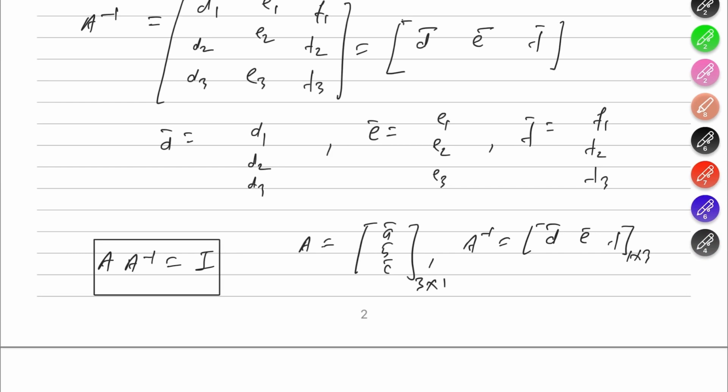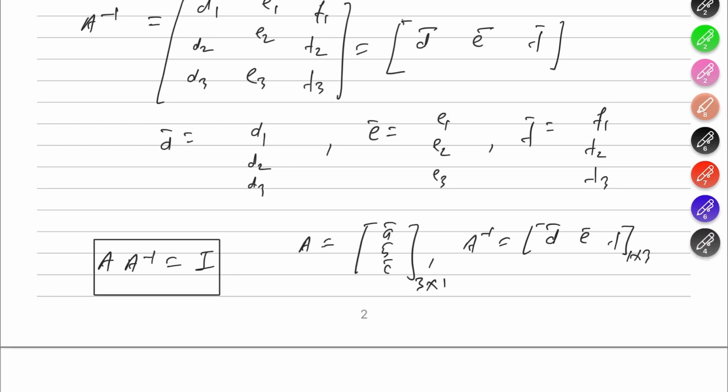The multiplication holds only if the number of columns of the first matrix equals the number of rows of the second. Otherwise multiplication is not possible. So we can't write both A and A inverse in column form, because then the matrix multiplication is not valid.